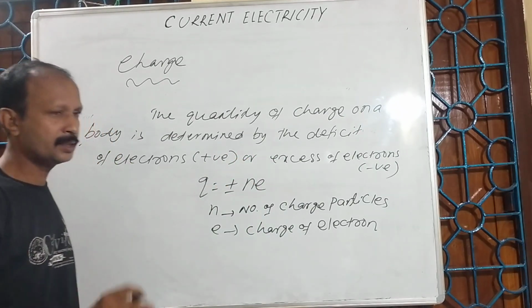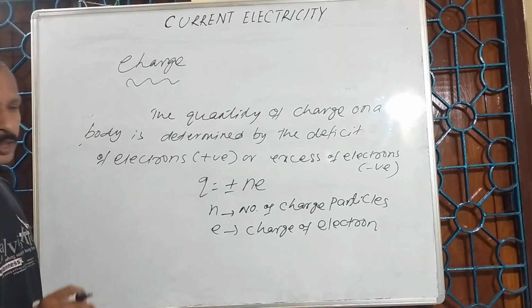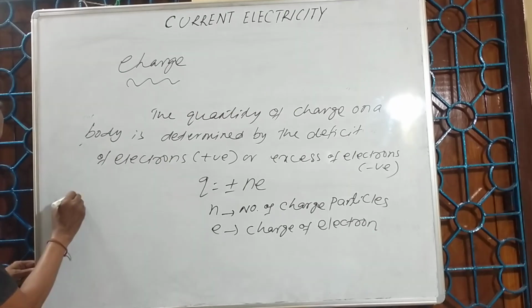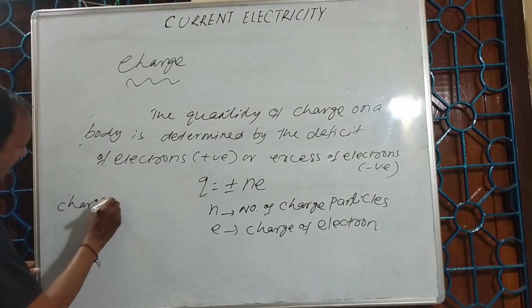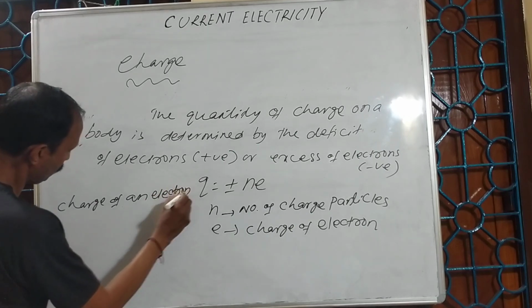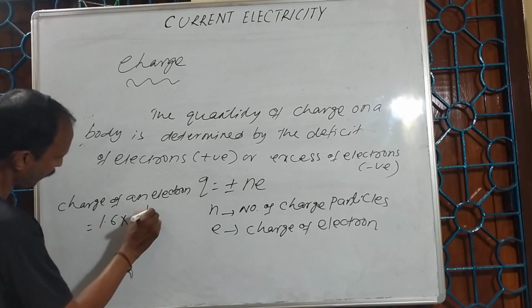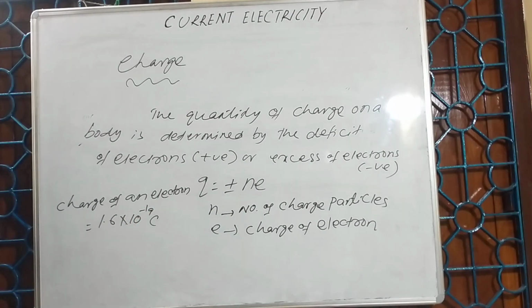So I said that the SI unit of charge is coulomb. The charge of an electron is equal to 1.6 into 10 to the power minus 19 coulomb.